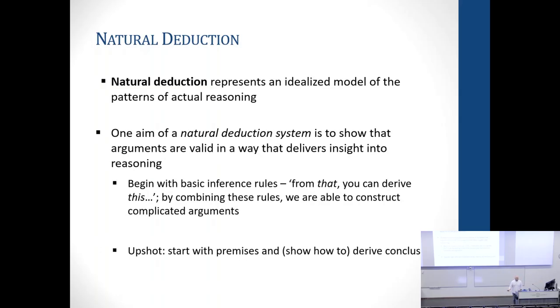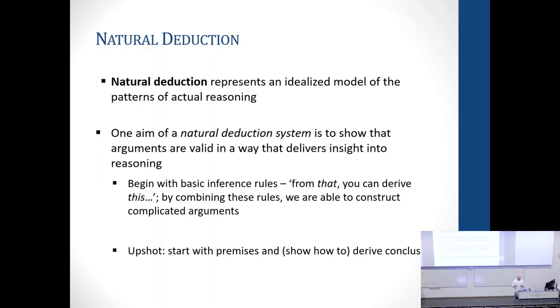So this is where we're going to get natural deduction. Natural deduction systems represent idealized models of patterns of actual reasoning. That is, if you like, a natural deduction system represents how an idealized reasoner would go from premises to conclusion. The aim is to show you how an argument's valid by giving you a story.